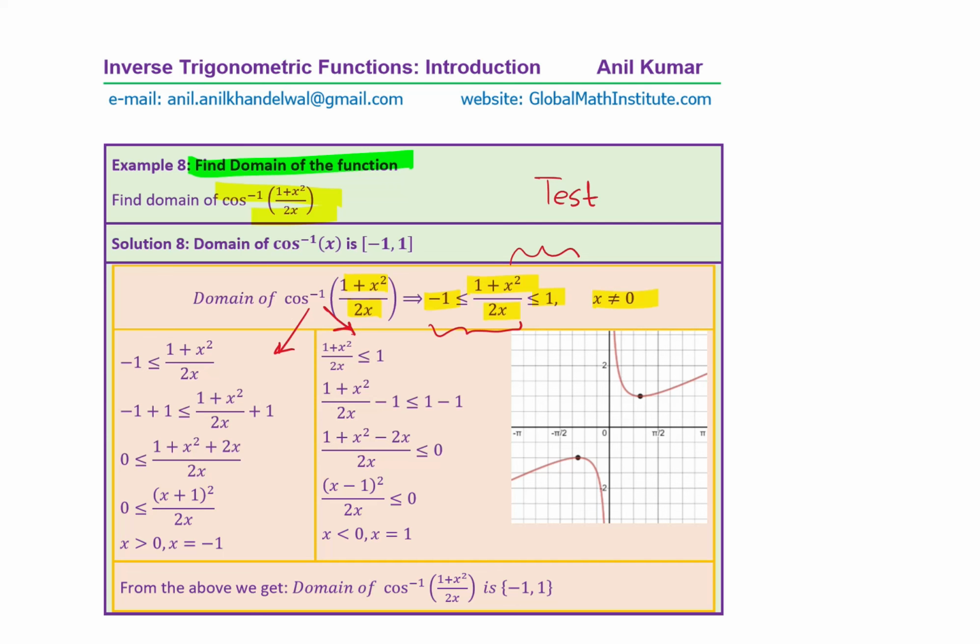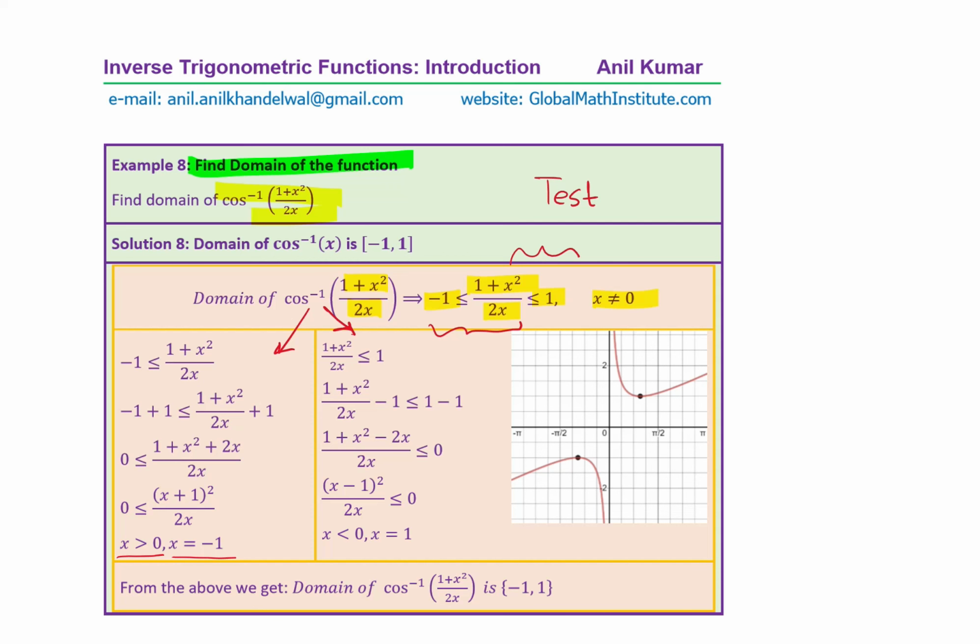On the left hand side, minus 1 is less than or equal to (1 plus x squared) over 2x. We'll add 1 on both the sides, simplify, factor. We get (x plus 1) whole squared in the numerator and 2x in the denominator. This value should always be positive. In that case, the x value should be greater than 0. And we know x cannot be equal to minus 1.